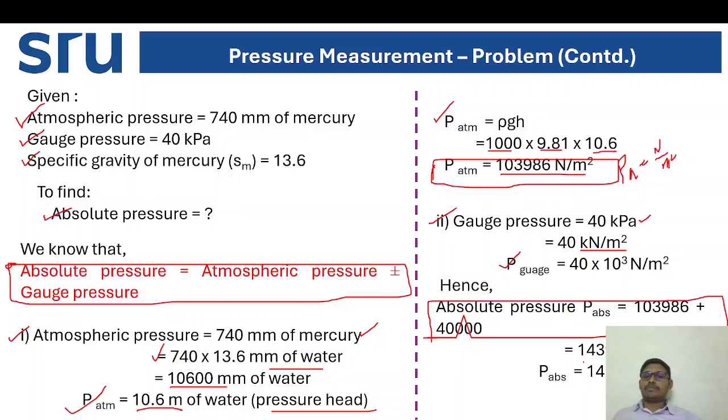So now P absolute is nothing but 144 kilonewton per meter square, also known as 144 kilopascal.